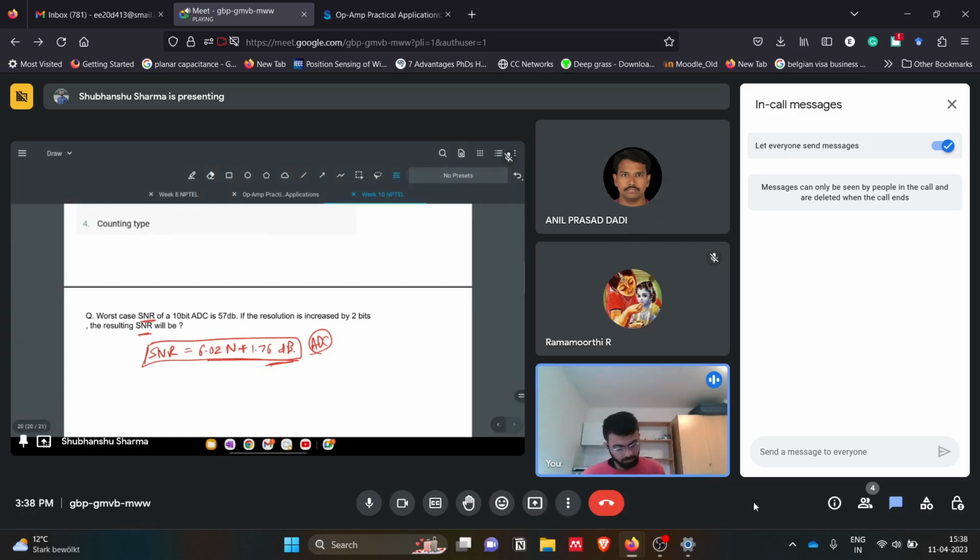So if we solve this question, they are saying the resolution is increased by 2 bits. They already had an SNR of 57 dB for the 10-bit ADC. So now it is increased by 2 bits.